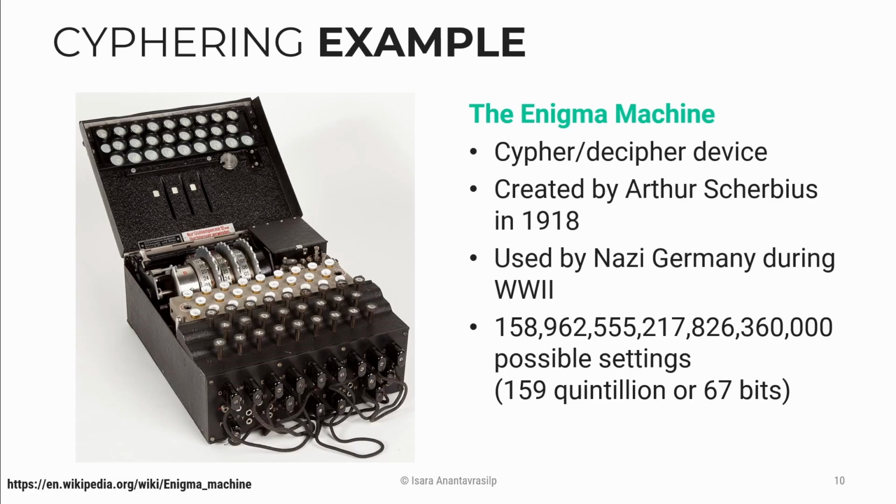This machine was created by Arthur Scherbius in 1918, and it was used by Nazi Germany. The machine can be reconfigured up to 159 quintillion possible settings. That is a 76-bit key. We're gonna talk a little bit more about the length of keys later.